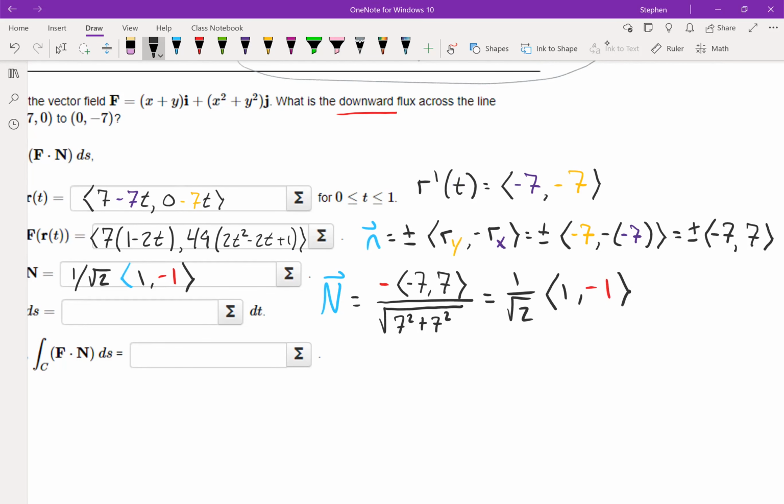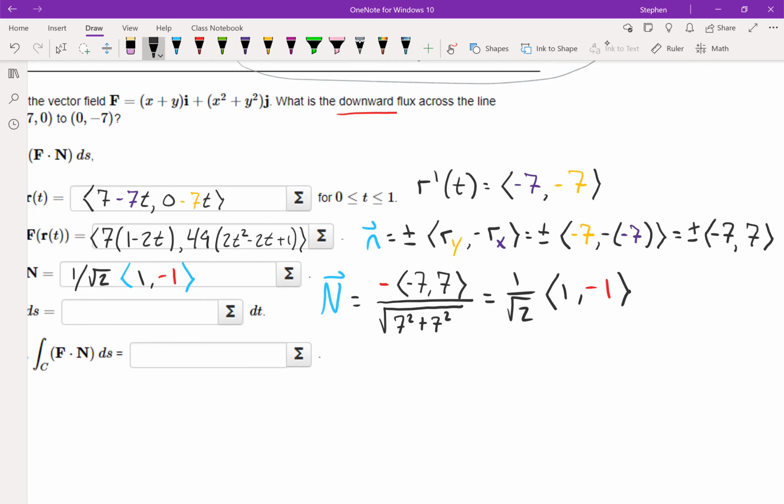If we had instead wanted the upward flux instead of the downward flux, I would have just used -1, 1 over the square root of 2 to be my new unit normal vector. And everything else in the problem will work out the same.